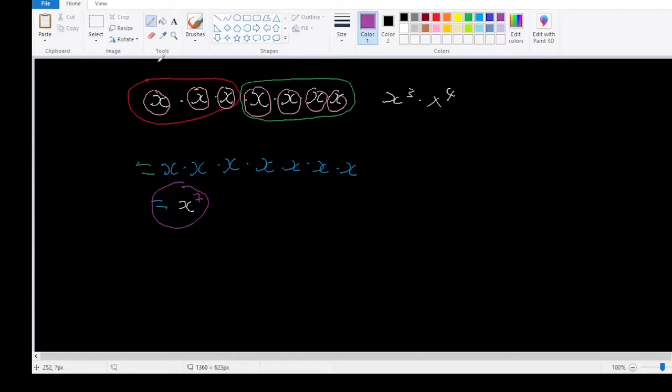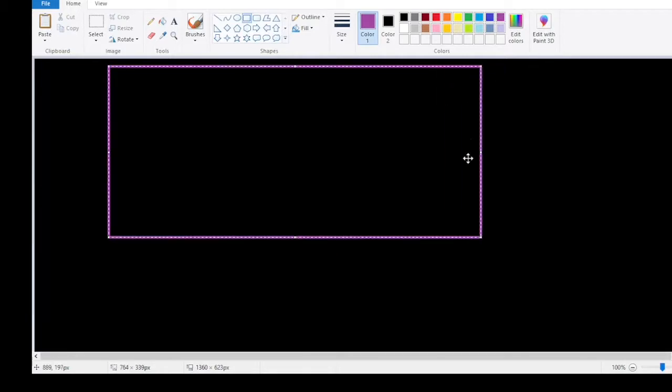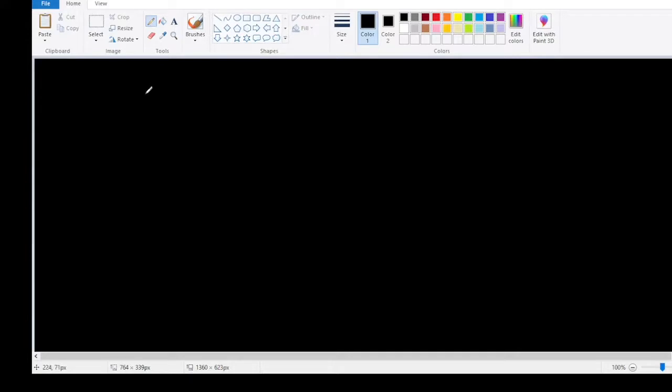So you might be asking, in all mathematics there is something times something, right? So even in variables algebra there is that. So when do we multiply exponents? This is when it will happen: x to the power of 4 all to the power of 3.